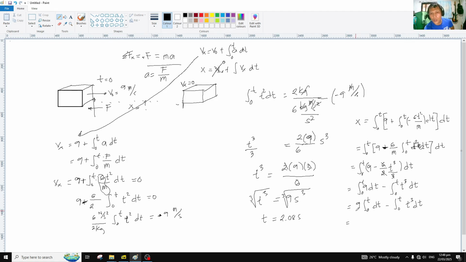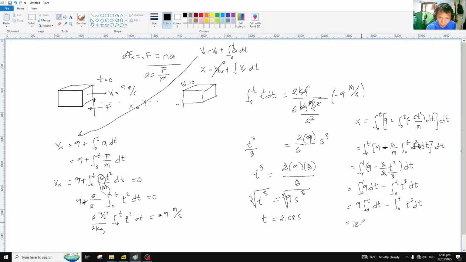Given that our units are right, we can go directly to the calculator. So 9, the integral of dt, 1, from 0 to the time, the cube root of 9. I'll just input the cube root of 9, then multiplied times 9. So you have 18.7.